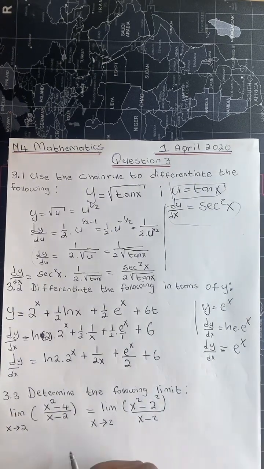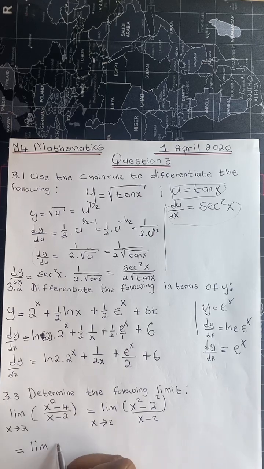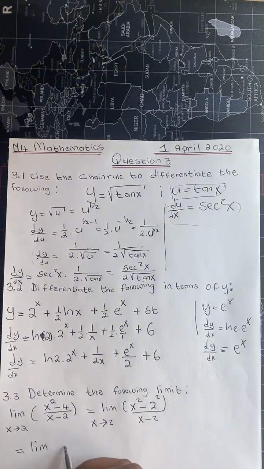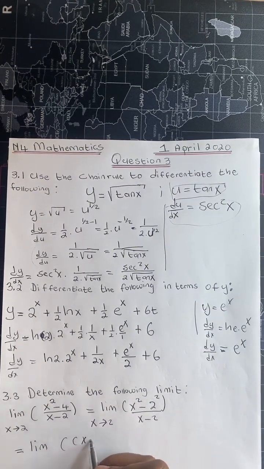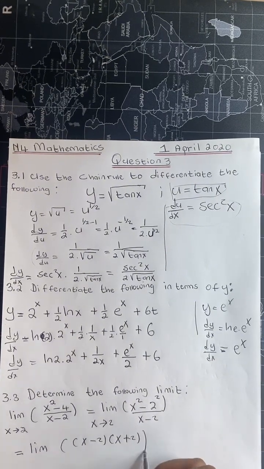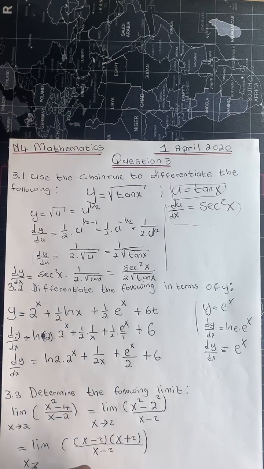So we can solve this limit as the limit of x squared minus 2 squared, which we can write as x minus 2, x plus 2, all over x minus 2 as x approaches 2.